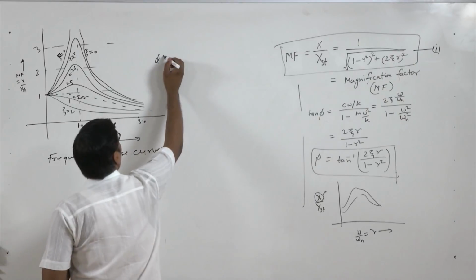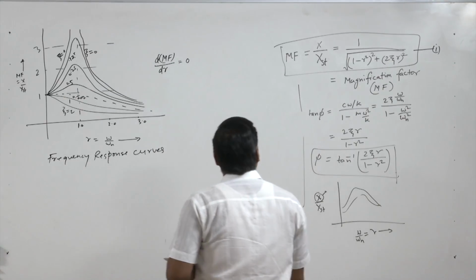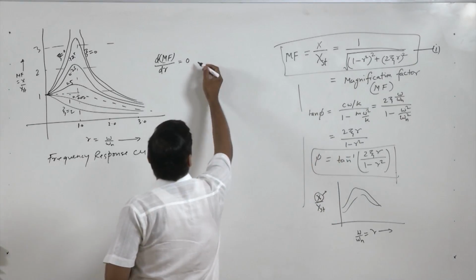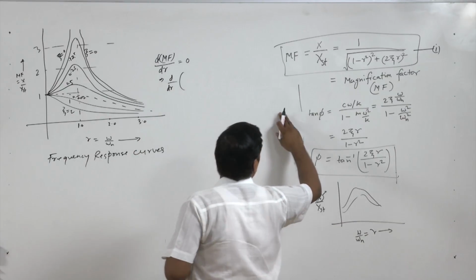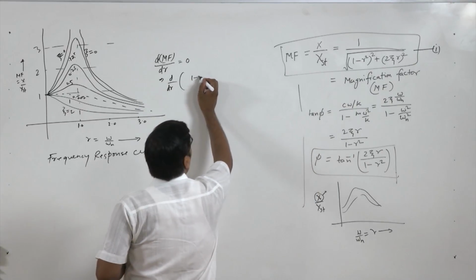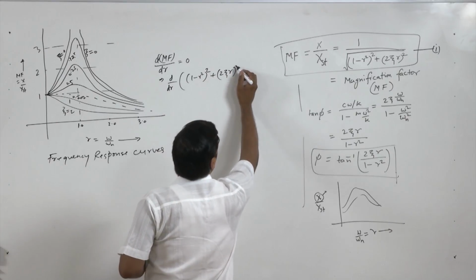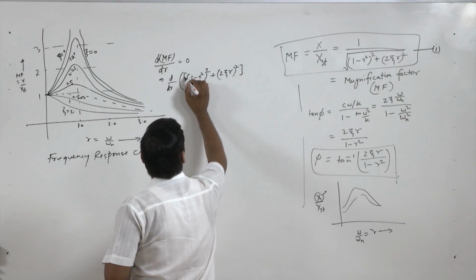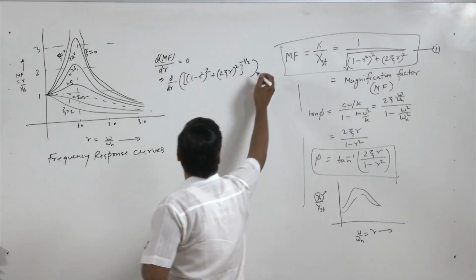So d MF by dr equal to 0, then we can get the maxima. So this implies d by dr of, and this quantity we can write (1 minus r square) whole square plus (2 zeta r) whole square, to the power minus half, equal to 0.